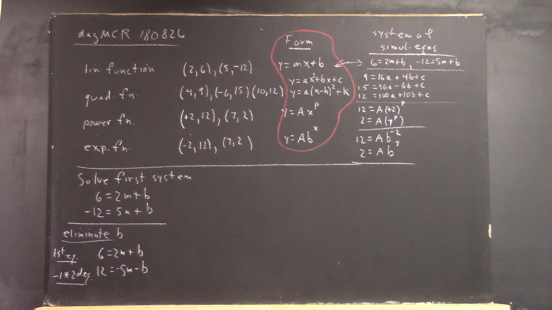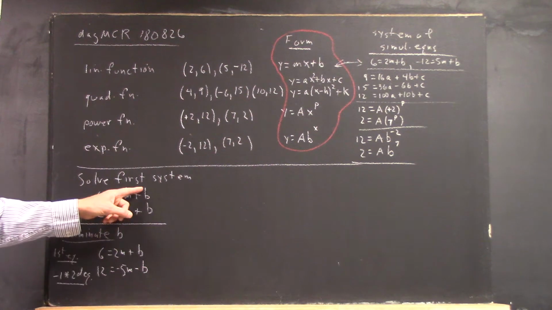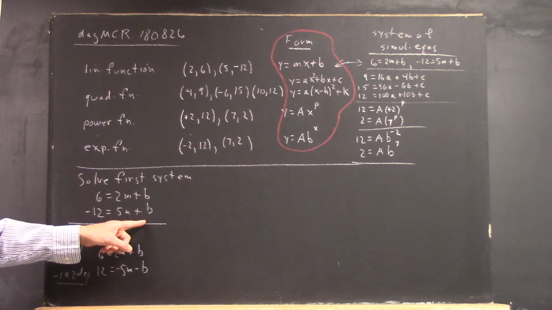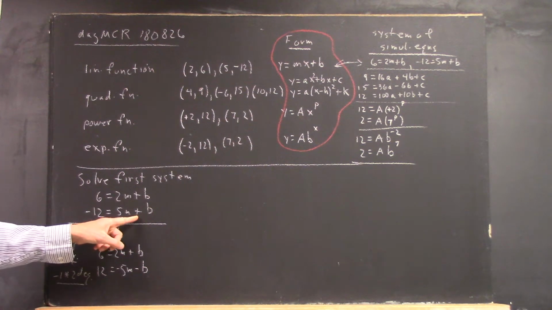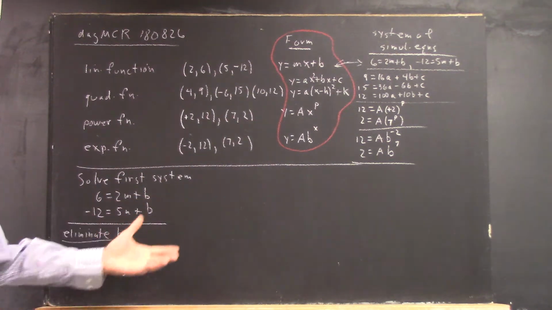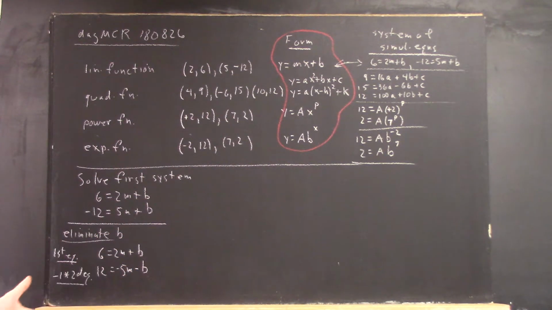Now, why would I have written down -1 times the second equation? It's because I noticed that I have a b here and a b here. So if that b was negative, then when I add the 2 equations, the b's would go away. And I'd eliminate b, and then I'd have an equation in m.